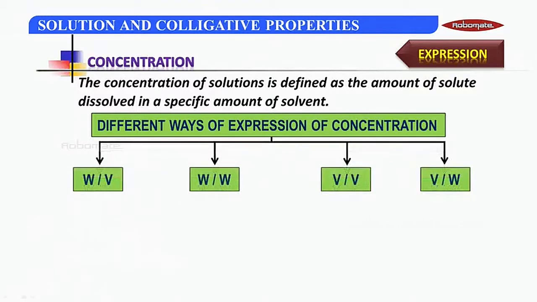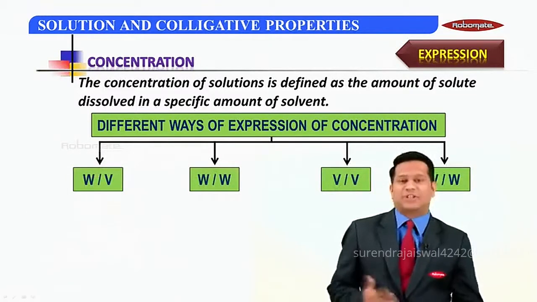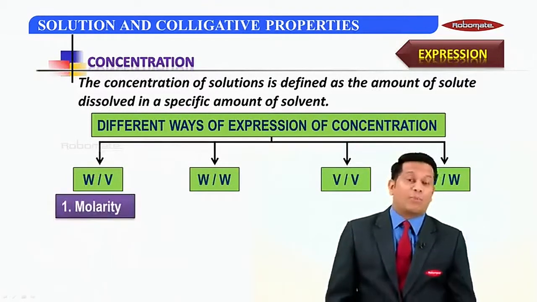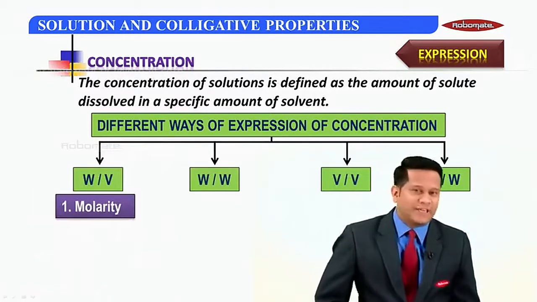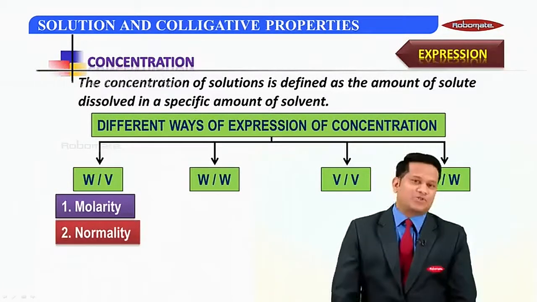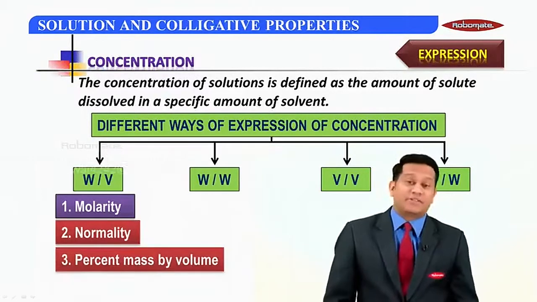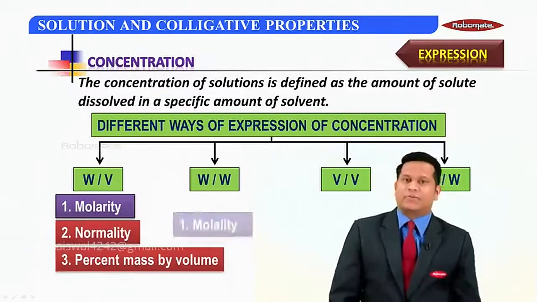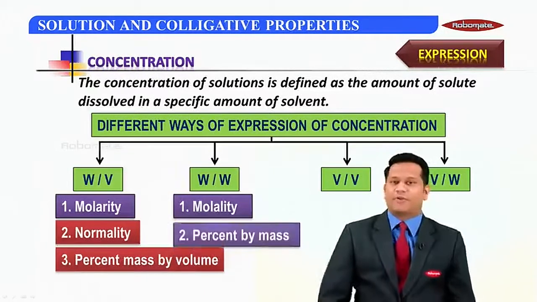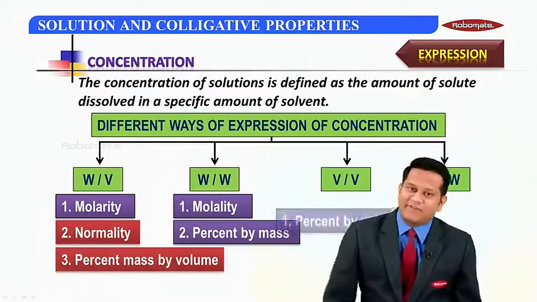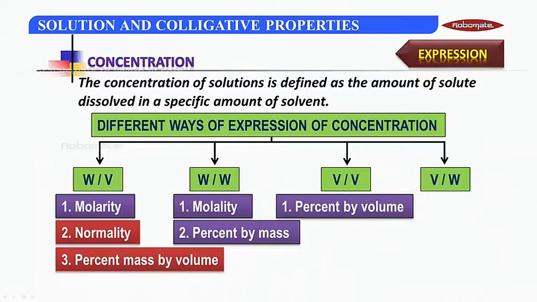All these 4 types of concentration have more types in them, of which the first one has molarity. Molarity is a W by V type of concentration. The second one is normality. The third one is percent mass by volume. W by W has molality followed by percent by mass. V by V has percent by volume.